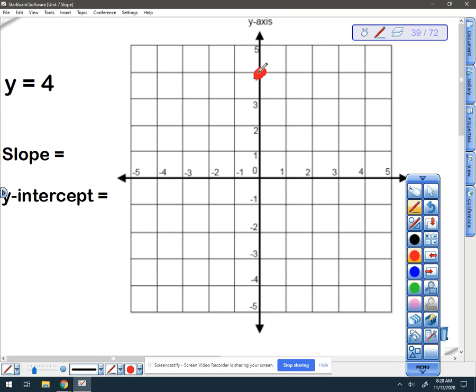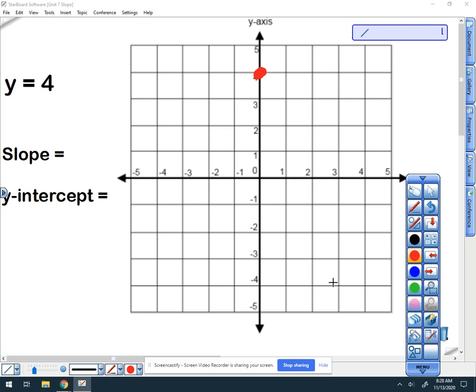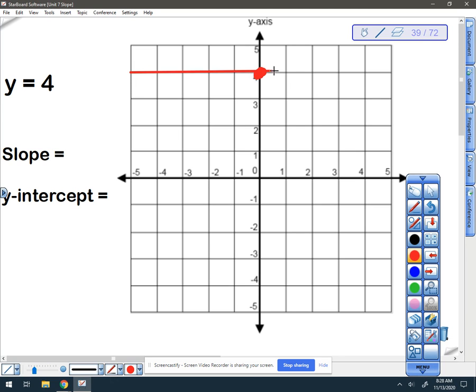And then the way it works is pretty simple. You just draw your line. If it's y equals, it makes a horizontal line. Ooh, that's going to be ugly. Let me go back and just use this tool. If it's y equals a number, it's going to be a horizontal line, completely sideways. So y equals 4 makes a horizontal line.